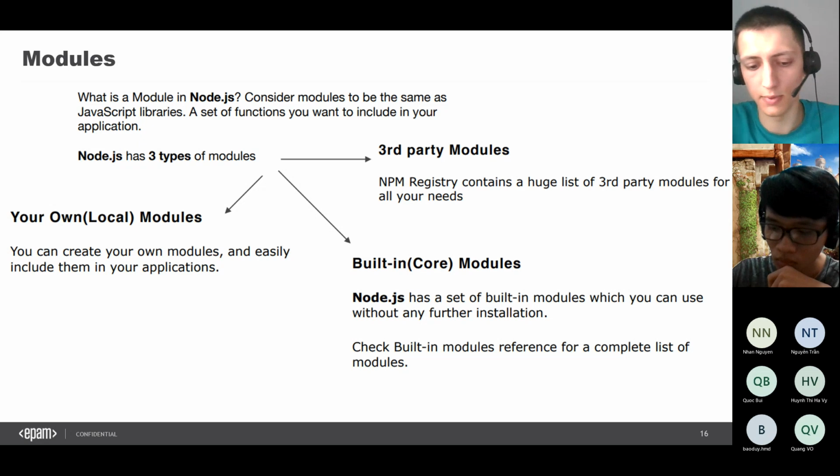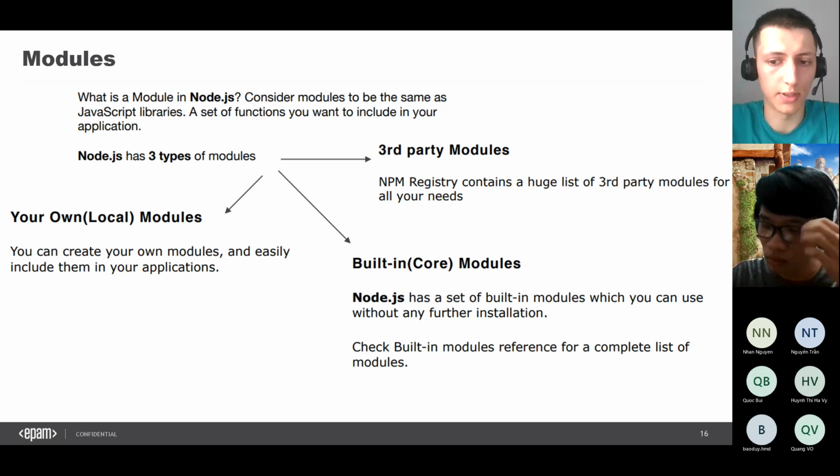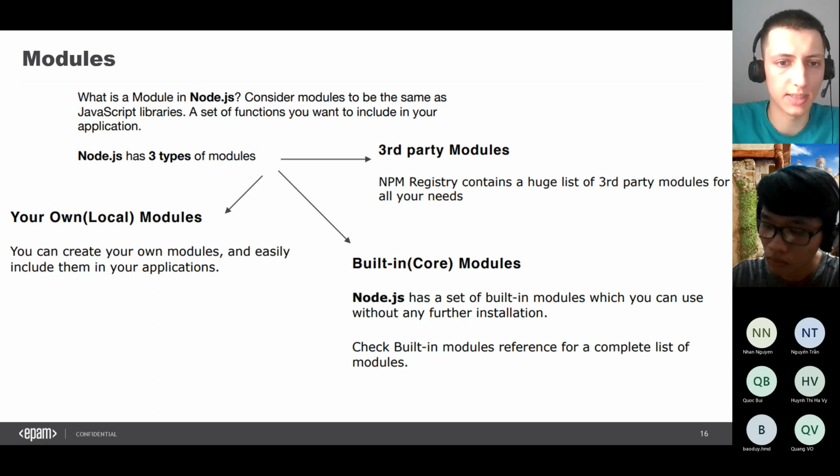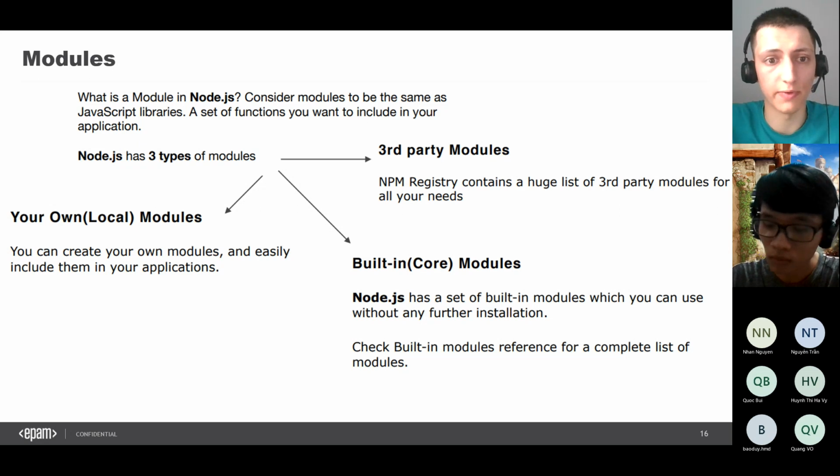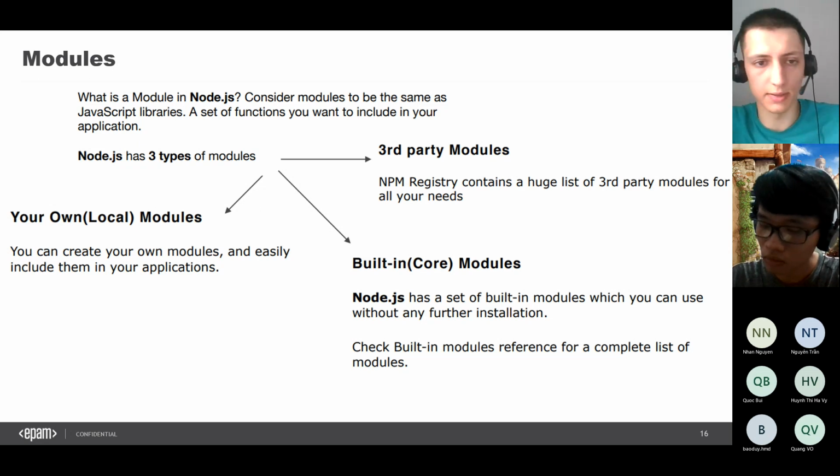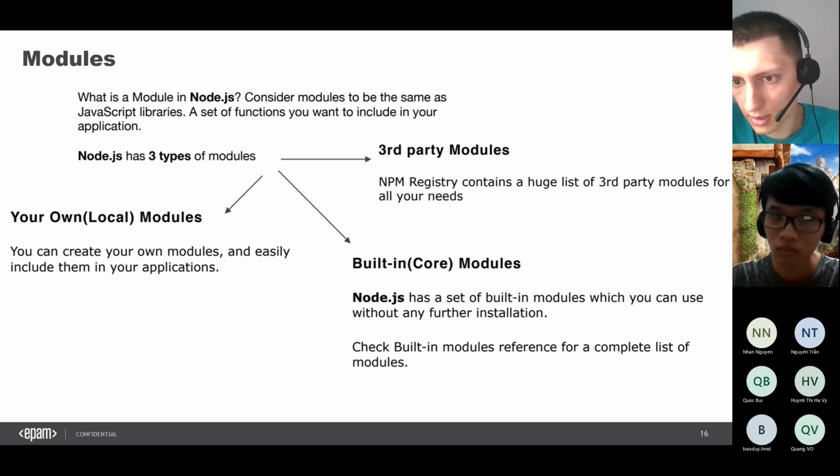For example, if you want to create a server, you will need to use the HTTP or HTTPS module, or if you want to check the version of the operating system that your Node.js is running in, you need to use another built-in module.